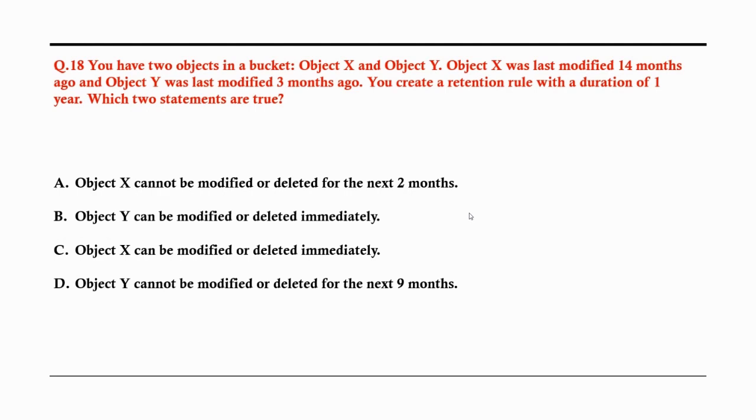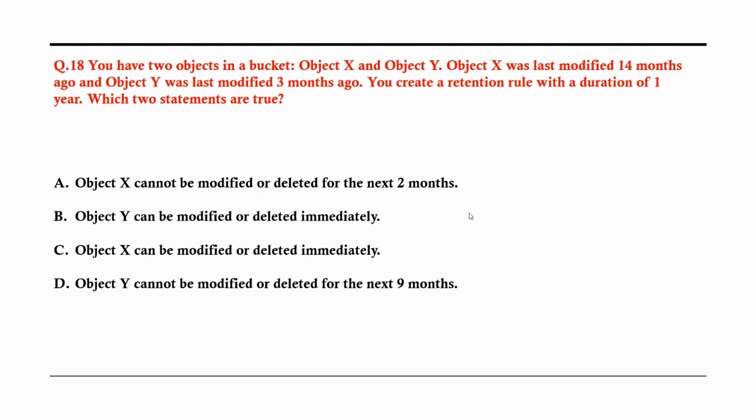Question 18. You have two objects in a bucket, object X and object Y. Object X was last modified 14 months ago and object Y was last modified 3 months ago. You create a retention rule with a duration of 1 year. Which two statements are true? If you enable this retention, then object X, which was last modified 14 months ago, has already crossed the retention time.